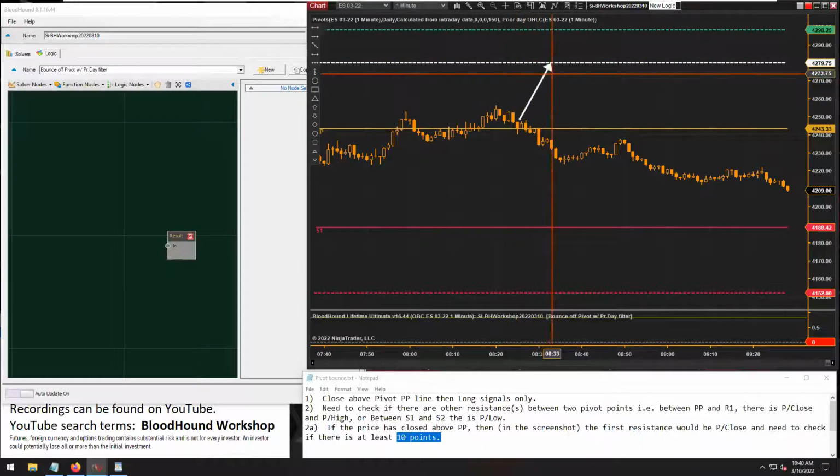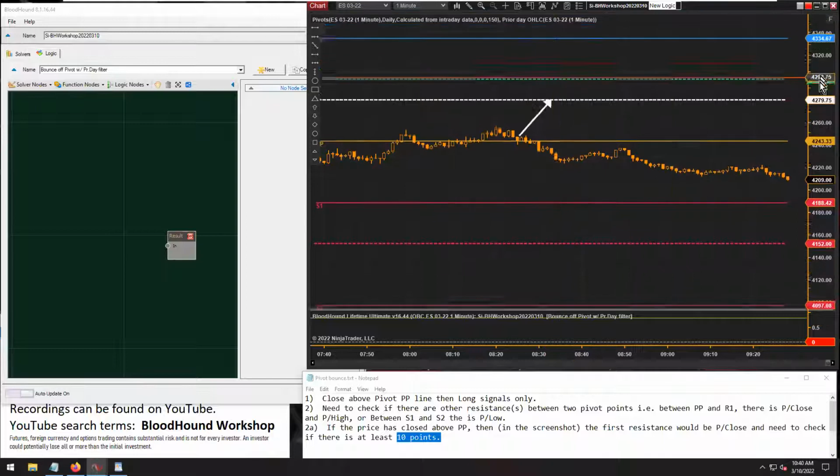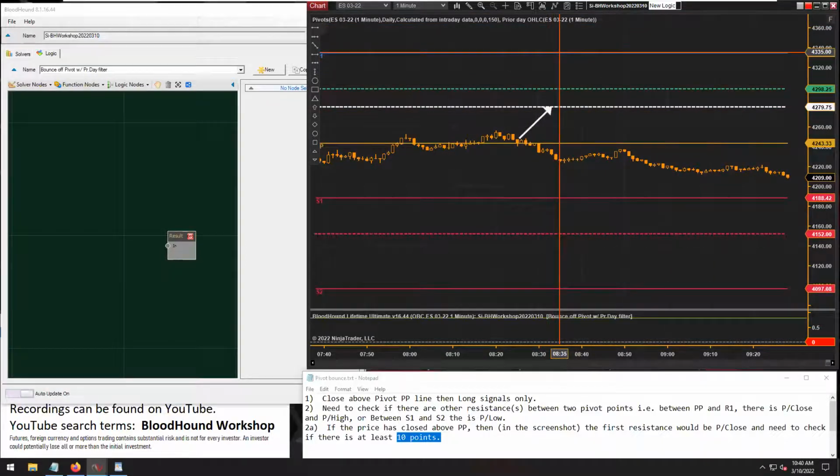We need this 10 points of clearance there. And actually, we can see we got the prior close and the prior high in between before we get to R1 above here, right? So we need to make sure that we have at least 10 points of clearance if there is a long signal and trading into one of the prior day lines there. And so we actually got two.